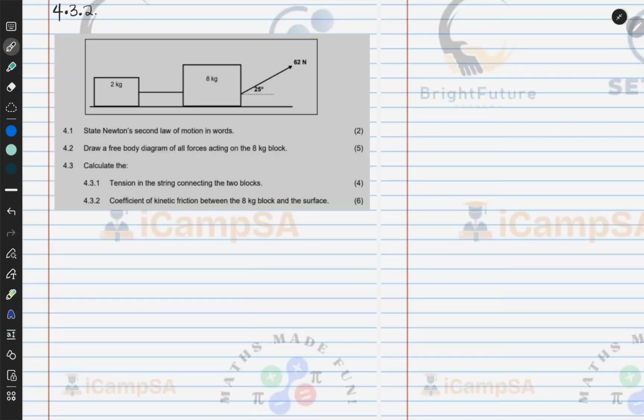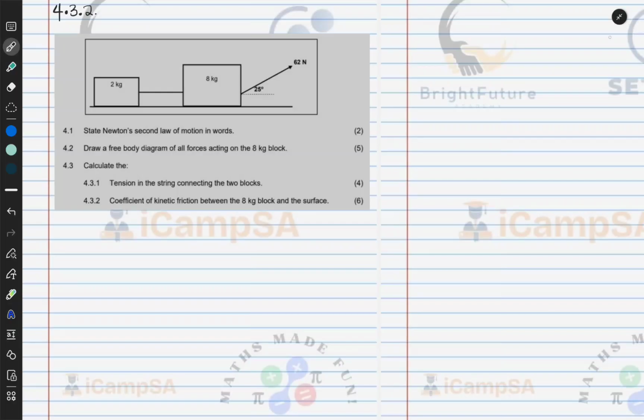We are asked to find the coefficient of kinetic friction between the 8 kilogram block and the 2 kilogram block. We already know the kinetic friction for the 2 kilogram block. We don't know the kinetic friction for the 8 kilogram block, but they are asking us to find the coefficient of that kinetic friction.